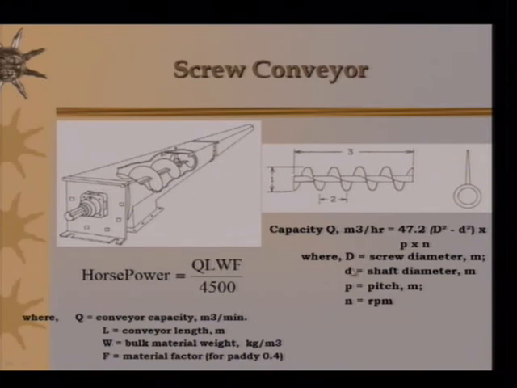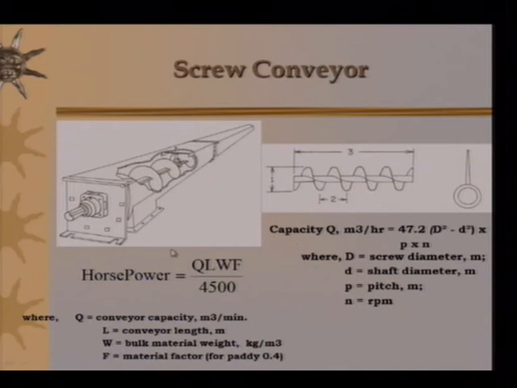The capacity of screw conveyors can be calculated in meter cube per hour, that is 47.2 (D square minus small d square) into P into N, where capital D is the screw diameter in meters, small d is the shaft diameter in meters, P is the pitch in meters, and N is the revolution per minute of the main shaft.